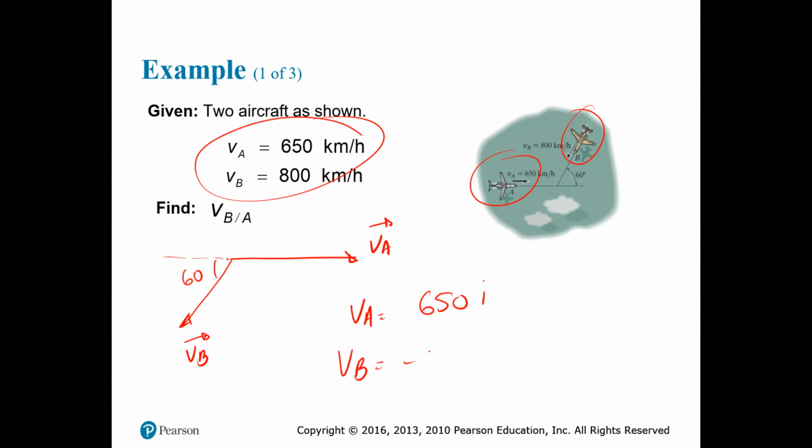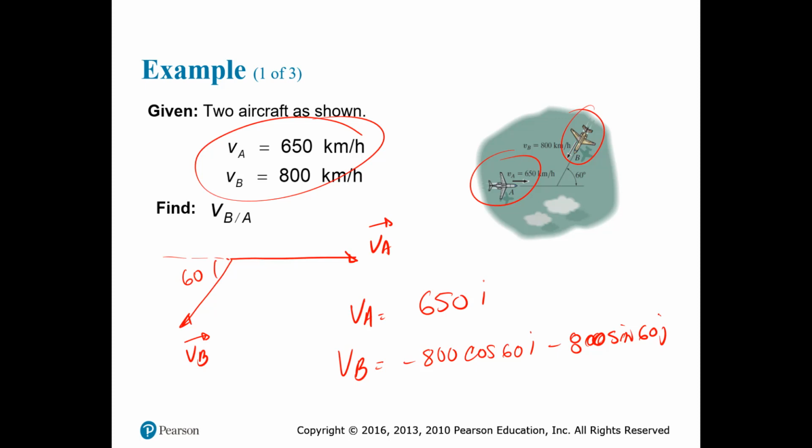So the first one would be minus 800 that multiplies cosine of 60 in i, and then, I'm sorry, minus 800 that multiplies sine of 60 in the j direction.